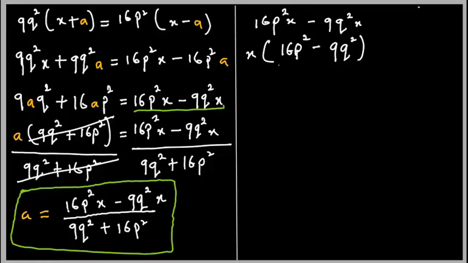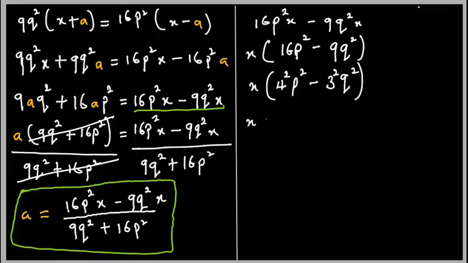Now notice that the term in bracket is a difference of two squares. I can write everything as a square number. So 16 means 4 squared, and 9 means 3 squared, and I have p squared and q squared here.